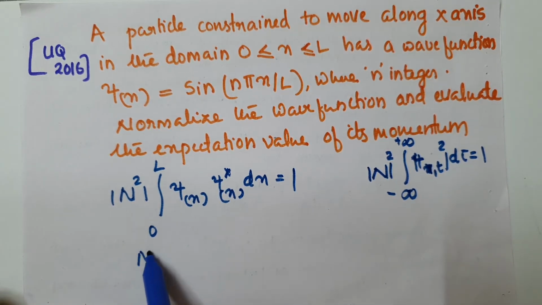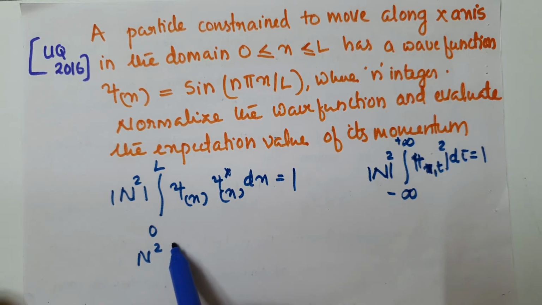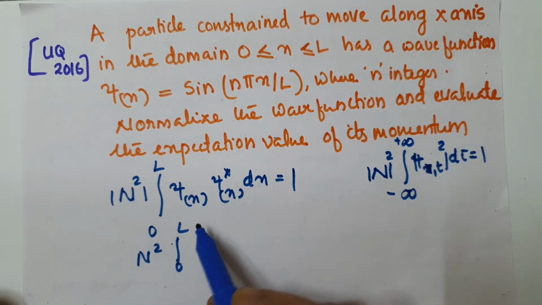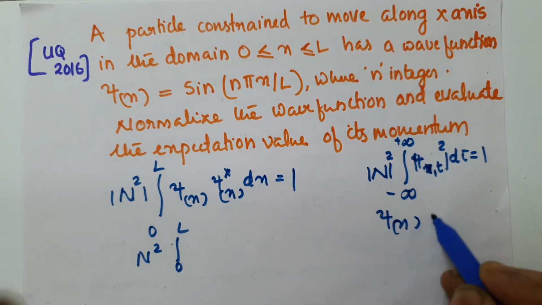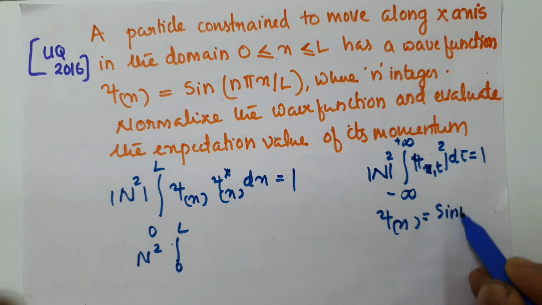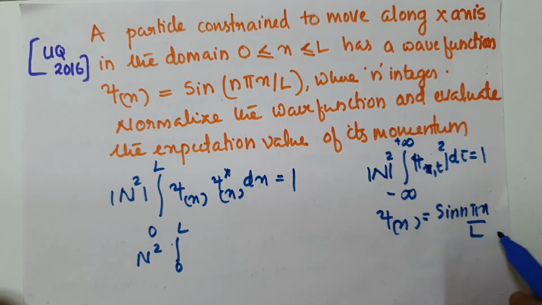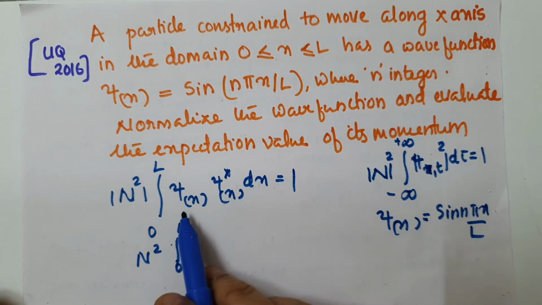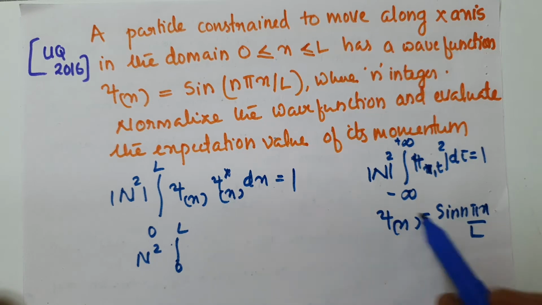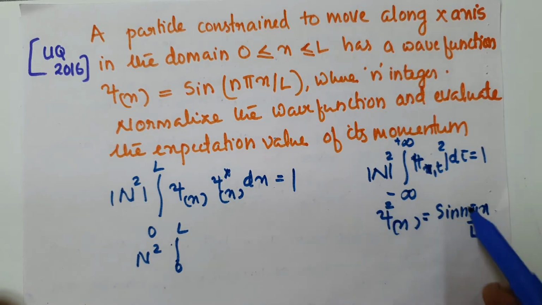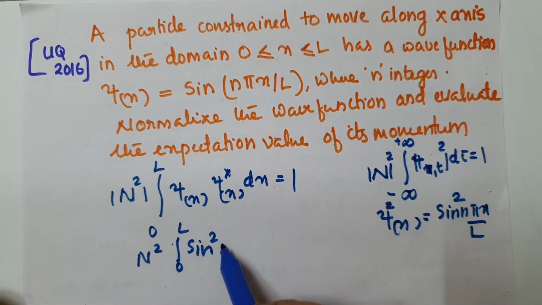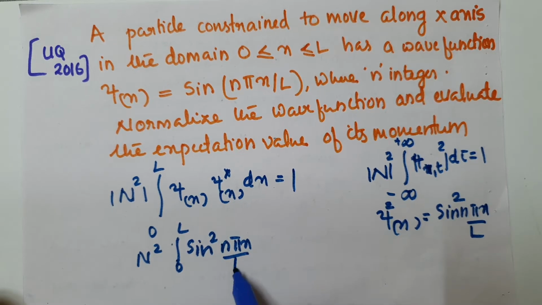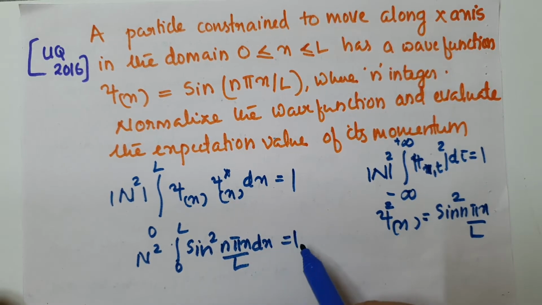That is N squared integral 0 to L, where psi x is sin(n pi x by L). Therefore psi square x is sin squared (n pi x by L), and the equation is N squared integral of sin squared (n pi x by L) dx equal to 1.